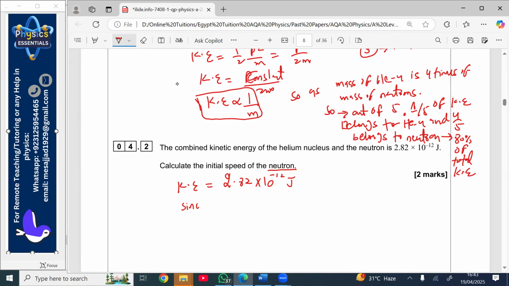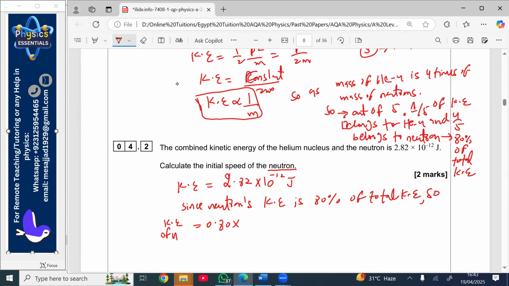Since neutron's KE is 80% of total KE, we will just do KE of neutron equals 0.80 times 2.82 times 10 raised to the power minus 12, which is equal to 2.25 into 10 raised to the power minus 12 joules. Okay, now it's very easy to do.